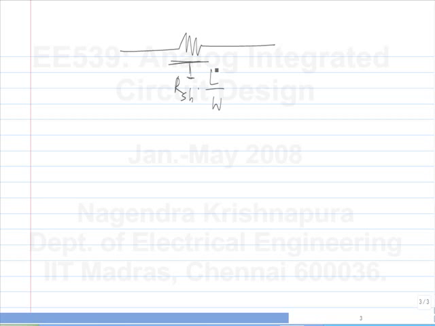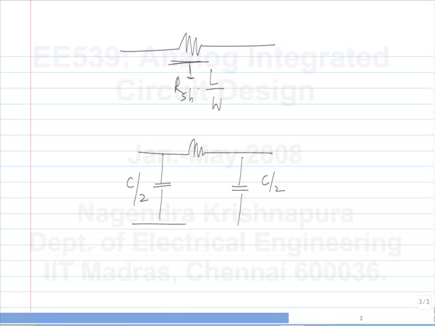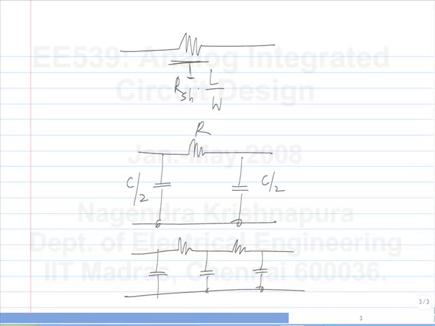So for circuit design purposes, you can firstly cut the capacitance into two pieces and put it on either side, okay. Or if you want a little more sophisticated modeling, you can cut up the resistance also and have more sections. Basically, the more sections you take, the more it approaches the distributed model, okay.